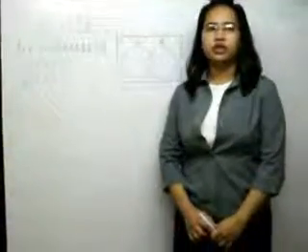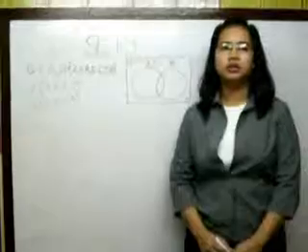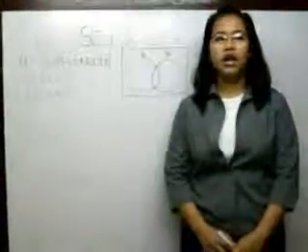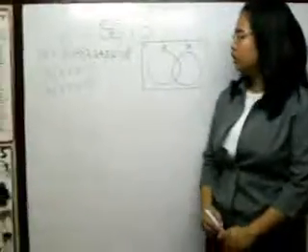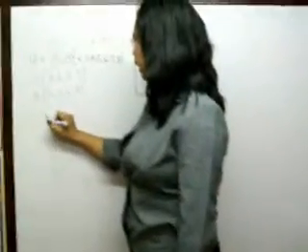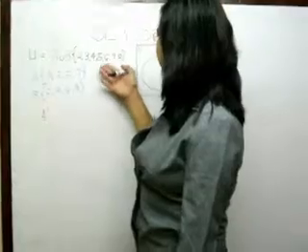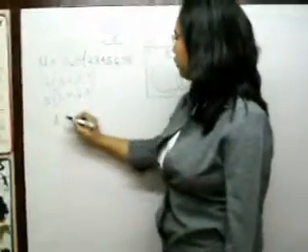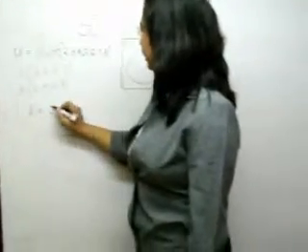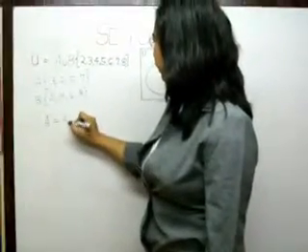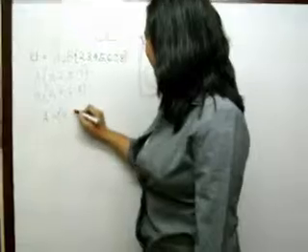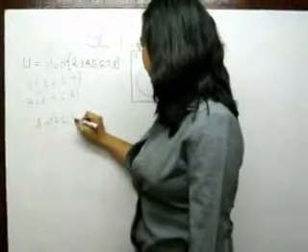The next operation is the complement of A, wherein a set of all elements in the universal set but not found in A. We read this sign as A complement, and this represents our universal set. So when we say A complement, it is from this given, it is the 4, 6, and 8.